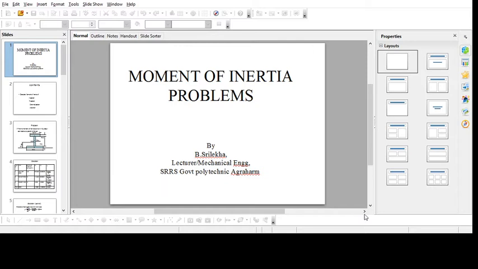Now, this is what we have already discussed. The y bar is the sum of the moments of areas by the sum of the areas, 4,40,000 by 8,000, which is 55 mm. Next, the moment of inertia about the base is I equal to the moment of inertia about its centroid plus the sum of AY square.